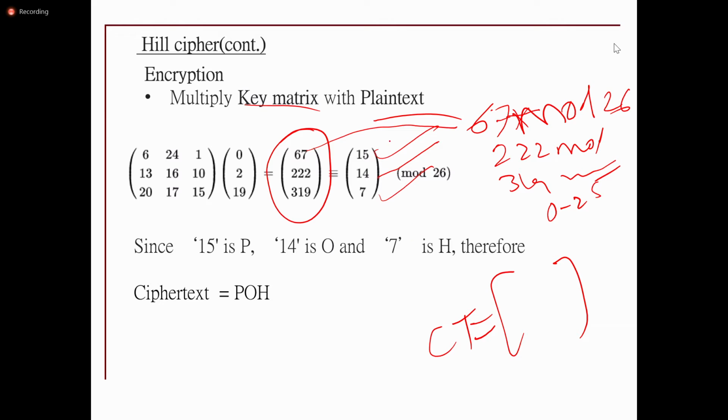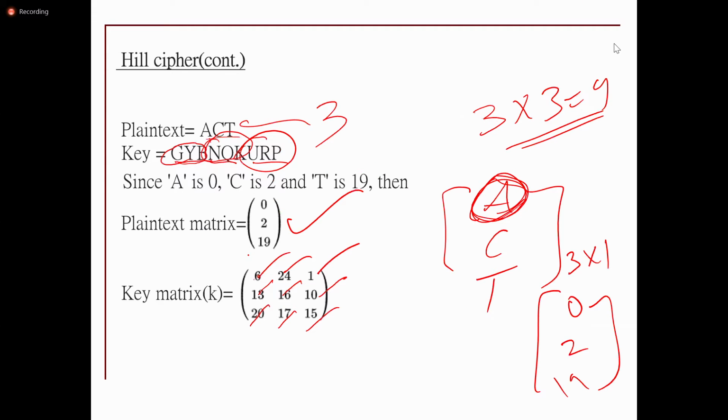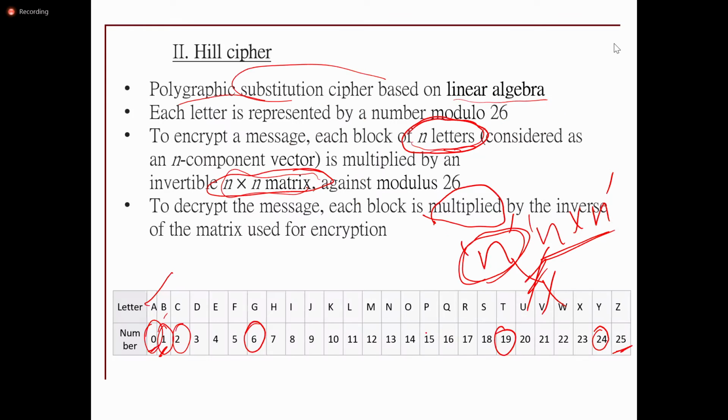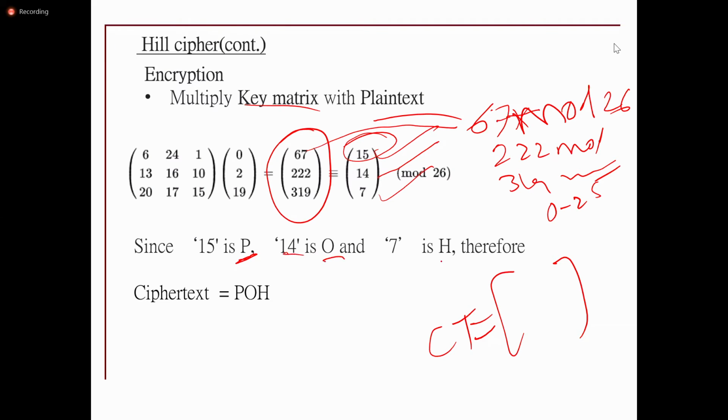So whatever the corresponding alphabet is associated with 15, we need to take. 15 is associated with P. So like that, 14 is associated with O and 7 is associated with H. That is why the ciphertext is POH. So the plain text is "act" and the ciphertext is POH. So this is the procedure of the Hill cipher.